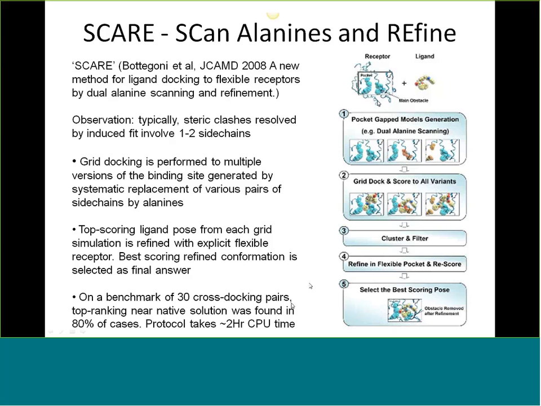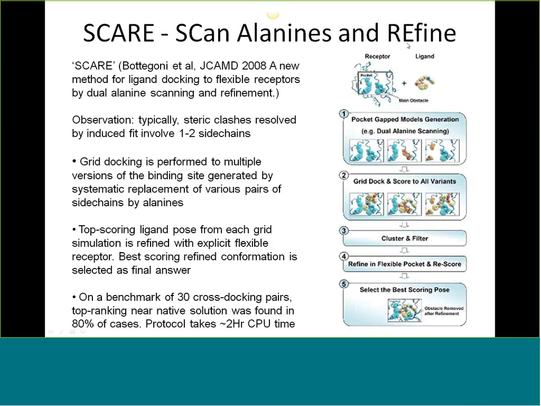The first step is to make gapped models by dual alanine scanning. So it takes pairs of residues and places alanines there and generates a series of models. Then grid docking is performed to multiple versions of the binding site.